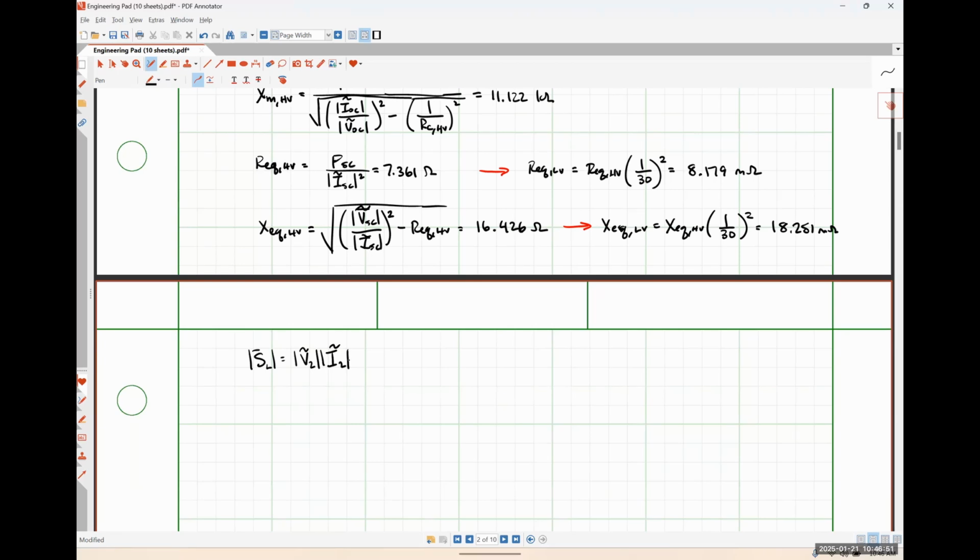So my apparent power, in other words, is just the magnitude of my voltage times the magnitude of my current, and that's the power at the secondary, which is why I have those subscripts V2 and I2. Do we all remember apparent power being just magnitude of voltage times magnitude of current? So I could rearrange this and say that my current I2 is going to be my apparent power divided by the magnitude of my load voltage right there.